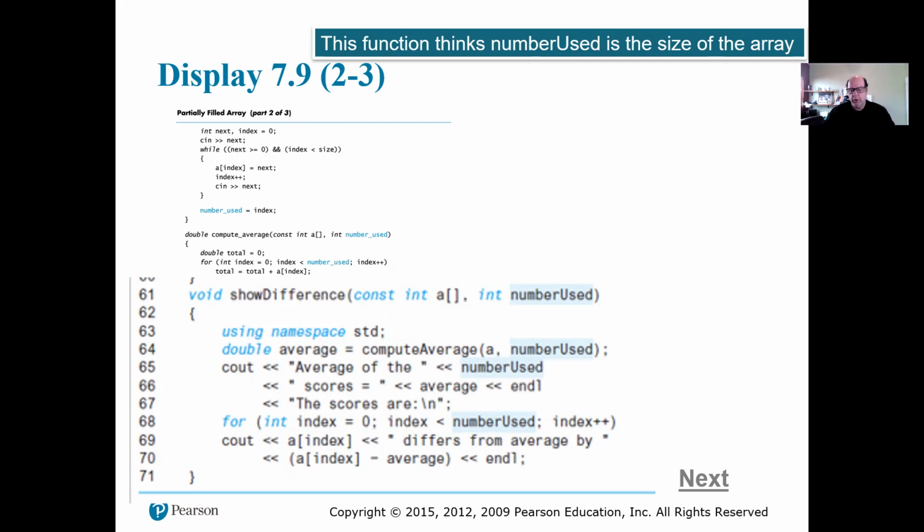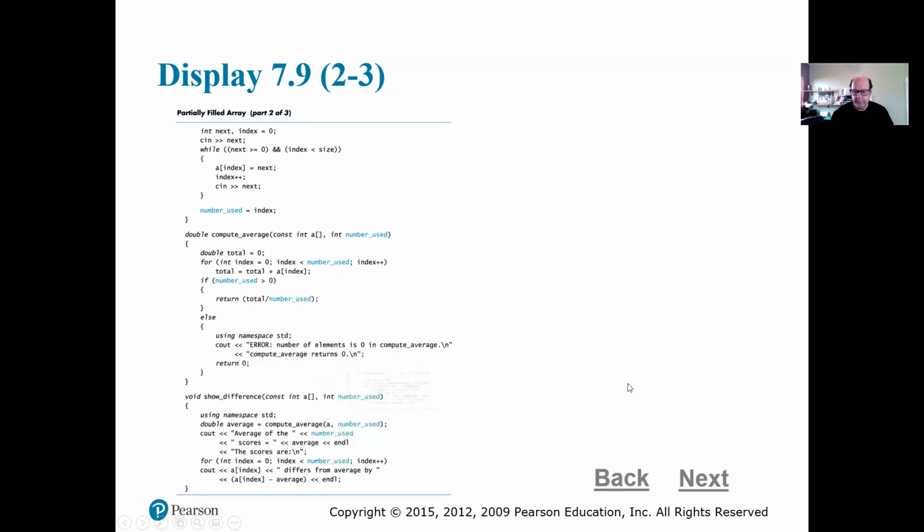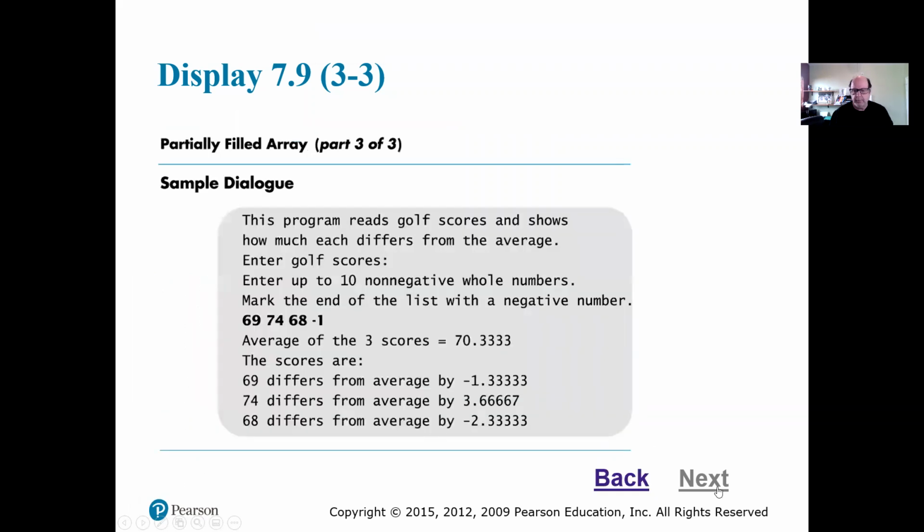So we're going through the whole thing and we're not comparing, we are actually subtracting our numbers from the average, and we're going to display them. We're going to go through the loop, again a typical loop for our array. We start with 0, we go to less than size, and then we just go through it and do whatever we need to do. And this is going to be the display.